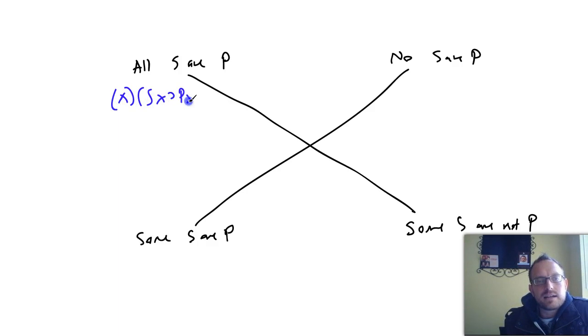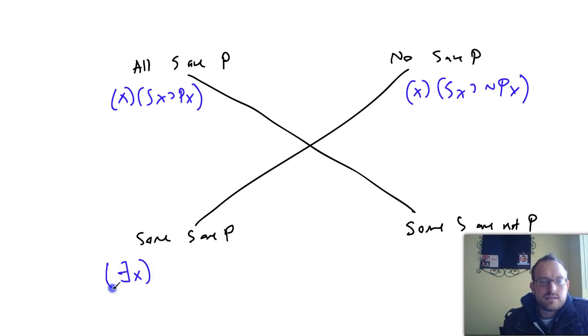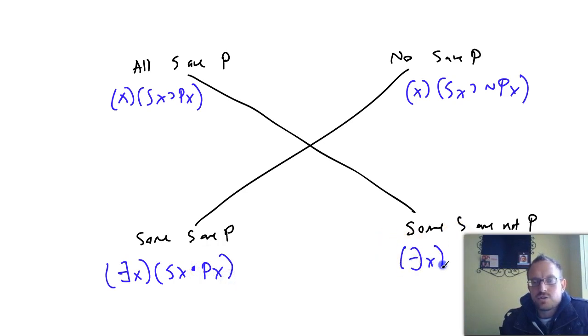Universal quantifier x, Sx then Px, and Sx then not Px, and then some x or p is going to look like this: existential quantifier x, Sx and Px, and over here, some x or not, it's going to be existential quantifier x, Sx and not Px. Okay, so this is basically the long notation way of saying something like this.